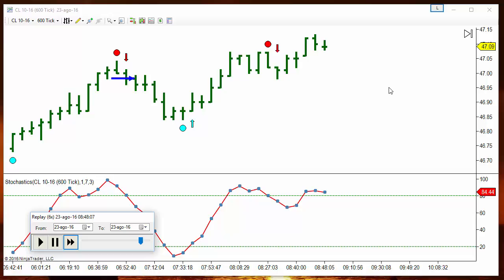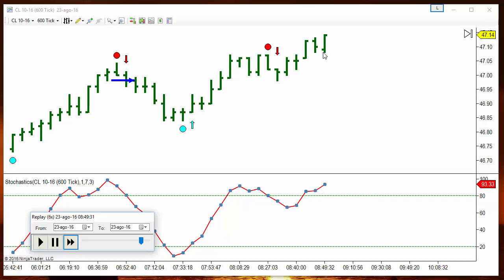Another condition that is also taken into account is that to have a reversal signal we must be making a higher high. This is another important condition.